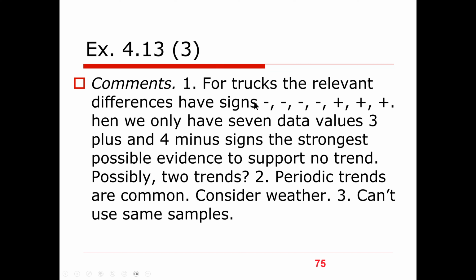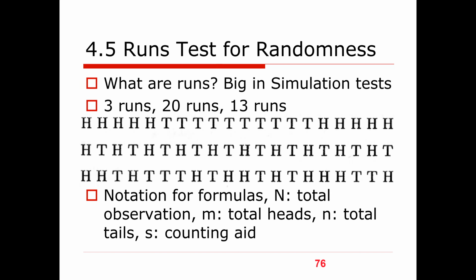But if there's no alternation, but the first half are all one sign and the second half are all the other sign, although the total number of each sign is similar, there may be something not random because there are no alternations. So that leads us to the next topic, some tests for testing the randomness of our sample.